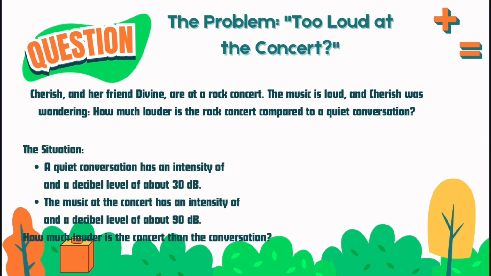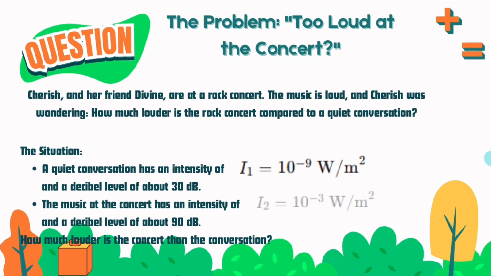Our situation: a quiet conversation has an intensity of 10 raised to negative 9 watts per meter squared and a decibel of about 30, while the music at the concert has an intensity of 10 raised to negative 3 watts per meter squared, and it has a decibel level of about 90 decibels. How much louder is the concert than the conversation?